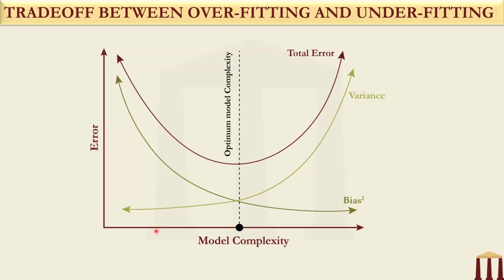The variance curve does the opposite. As the model becomes more complex, it reacts too much to random noise, and the prediction will change widely with different samples, which increases the variance. The total error in this curve is the sum of variance plus bias square. So total error is equal to bias square plus variance.